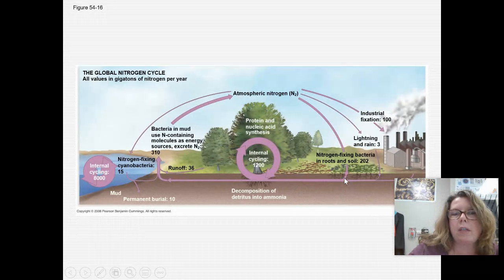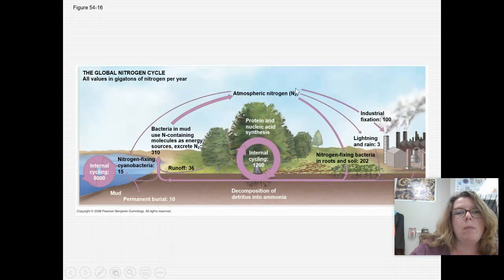those root nodule bacteria, right, in the legumes that fix nitrogen. You have different bacteria in the soil that convert nitrogen into different forms. You also have denitrifying bacteria that can actually move nitrogen back into the atmosphere.